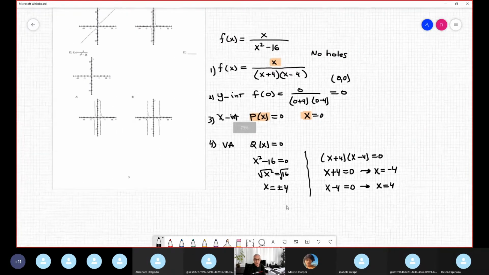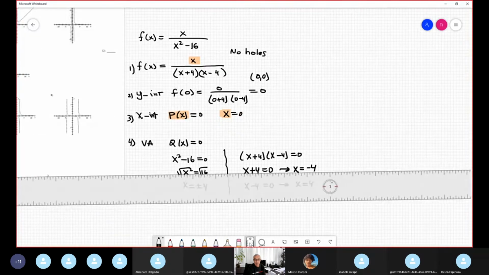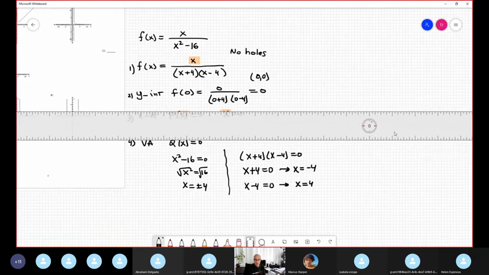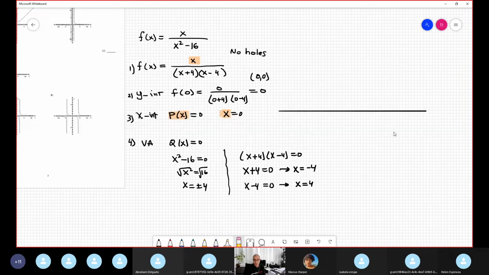Either way. Now this is a moment, remember, when I like to have an approximation of my graph, because I have in my hand 0, 0, this point, and 4 and negative 4, positive 4 and negative 4. This is the asymptote.